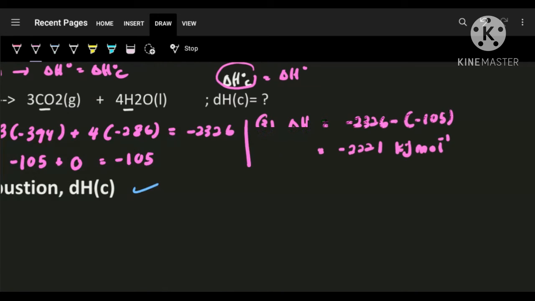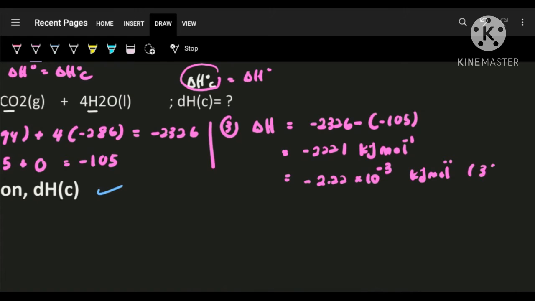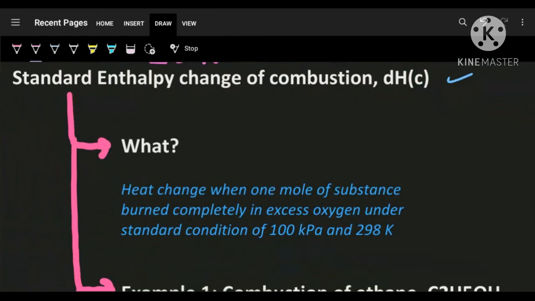So if the question asks you to write the answer in three significant figures, just convert into scientific notation. Let's see, this is three significant figures.